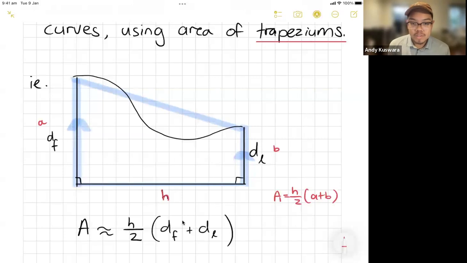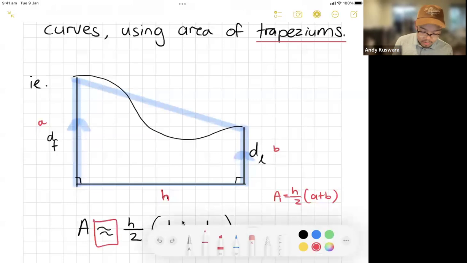Now, the df and the dl just mean the distance of your first interval and the distance of your last interval. I'm giving you that because it's on our reference sheet. Also, note this little symbol here: it's not a straight equals, it's wiggly. It means it's an approximation. It's not exact, but it's close enough.